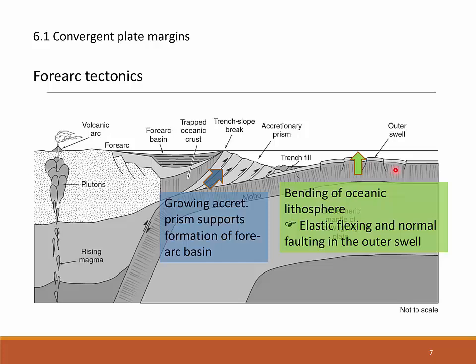The accretionary prism consists of soft sediments that are scraped off the oceanic lithosphere. We see here this light gray layer that represents soft sediments, pelagic sediments that have accumulated over time on the oceanic crust itself, on the basaltic, volcanic part of the oceanic crust. Now these sediments are largely unconsolidated, they are water saturated, they are soft, and they have a low density.